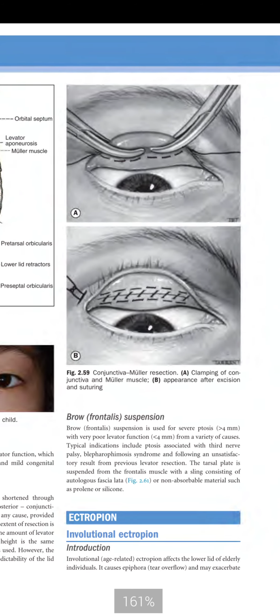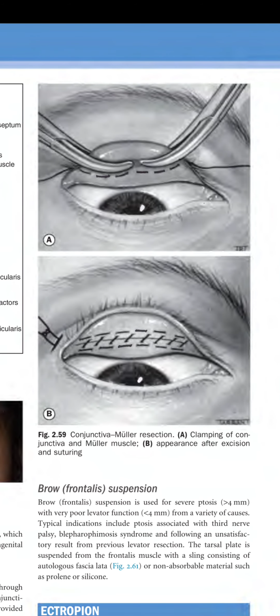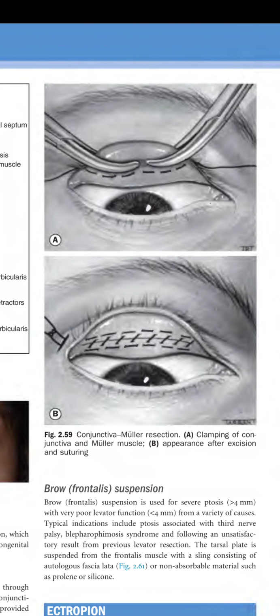You can see in this figure that the area above the tarsal plate, which is usually the Muller muscle, is resected along with the conjunctiva, and the edges after the resection are sutured. So this is the conjunctival Muller resection. It is done for mild ptosis with good levator function.